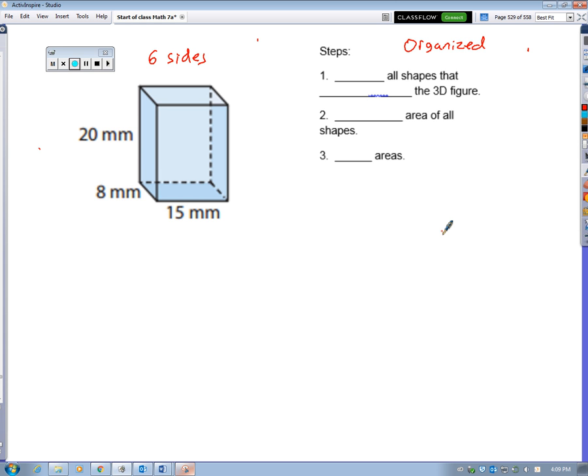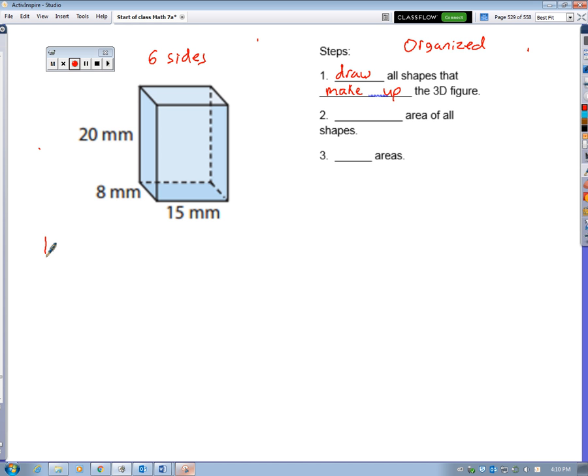Step number 1, we want to draw all the shapes that make up the 3D figure. Here's what we're going to do. Let's start with the left side.